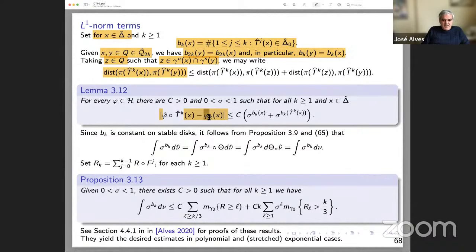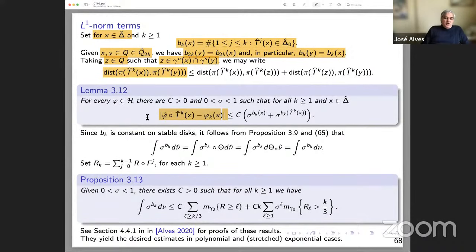And here you say, but here you have phi_k. But phi_k, according to how we have defined it, is still something of this type, because we have defined it precisely as the minimum over all points x in Q. So phi_k of x is again phi hat T hat k of some y.